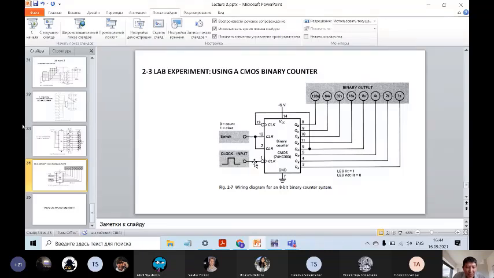If we have a series of pulses, it will count how many pulses we have. So for this reason, we need to use this counter. You will use the integrated circuit 74HC393.